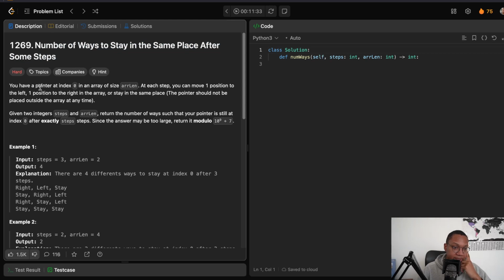You have a pointer at index 0 in an array of size array length. At each step you can move one position to the left, one position to the right, or stay in the same place. Given two integers, steps and array length, return the number of ways such that your pointer is still at index 0 after exactly steps.